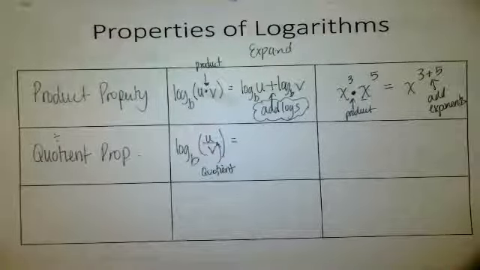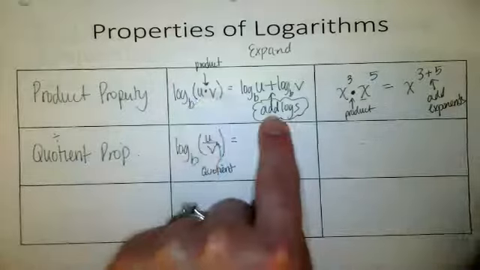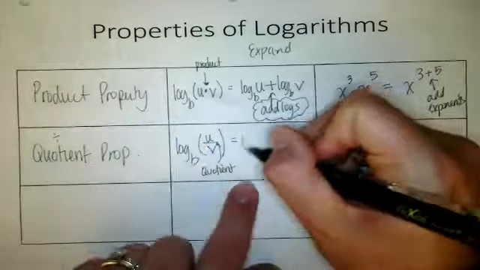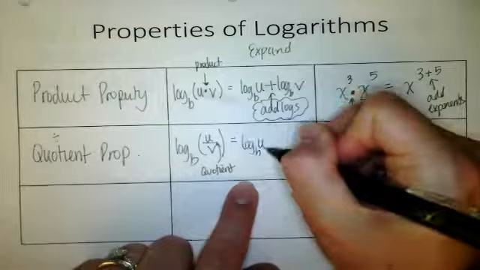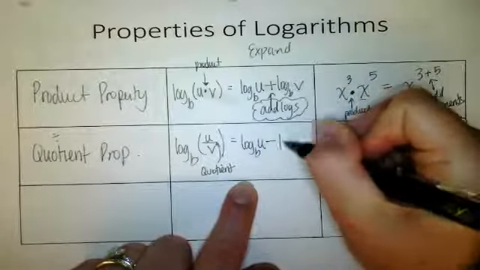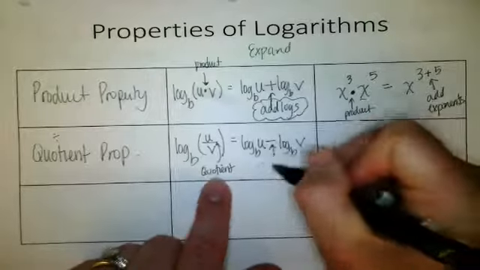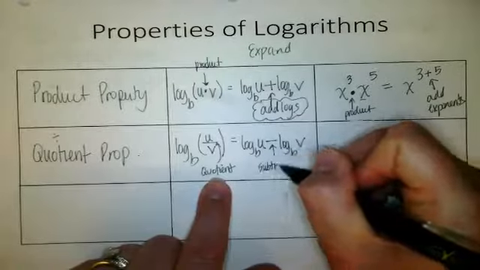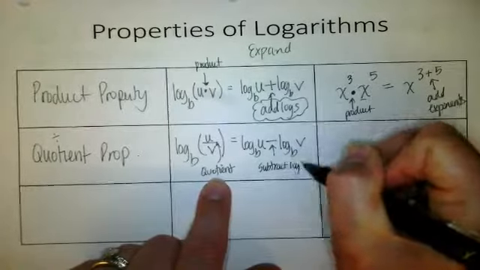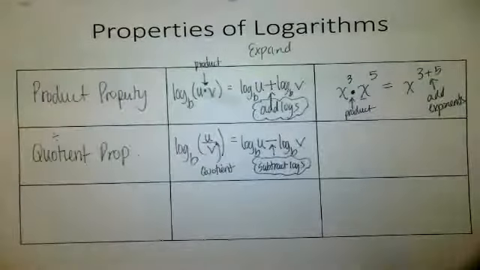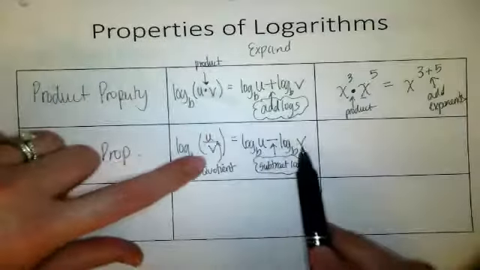Subtract. Subtract the logs. Sure, the product allowed us to add the logs. If we have a quotient, then we get to subtract the logs. Log base b of u minus log base b of v. So if we have a quotient, then we get to subtract the logs, which is kind of nice. You'll notice that it's top minus bottom.